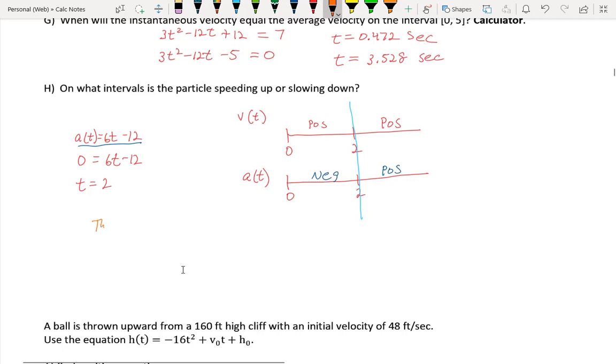So the particle is slowing down on 0 to 2 because v of t and a of t have different signs.